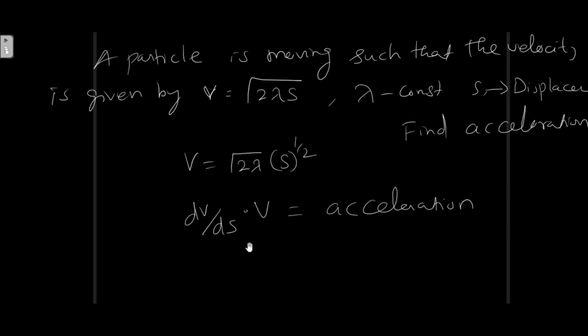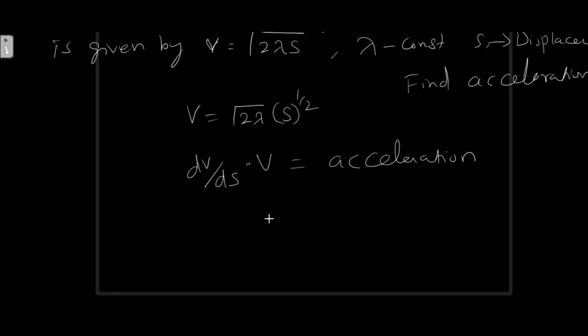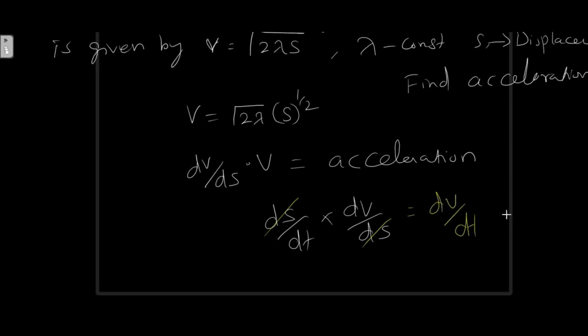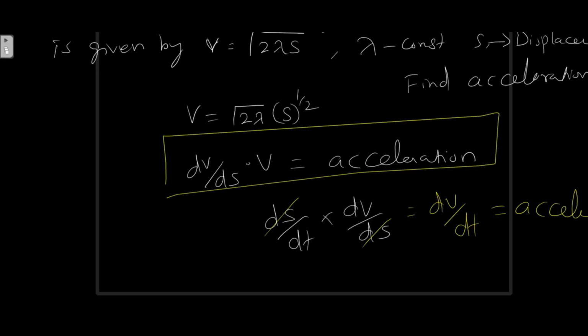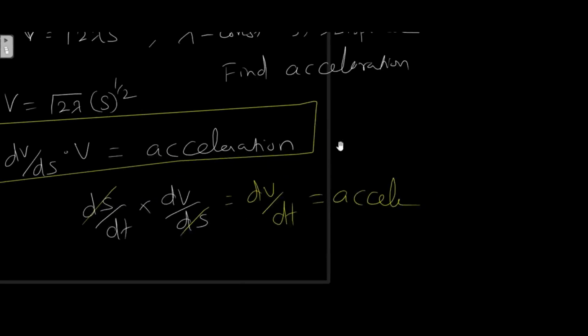Clear? Actually, this is the chain rule: ds by dt into dv by ds. Just look here, ds cancels, dv by dt is equal to acceleration. Indirectly, we can know it is acceleration, by the chain rule.